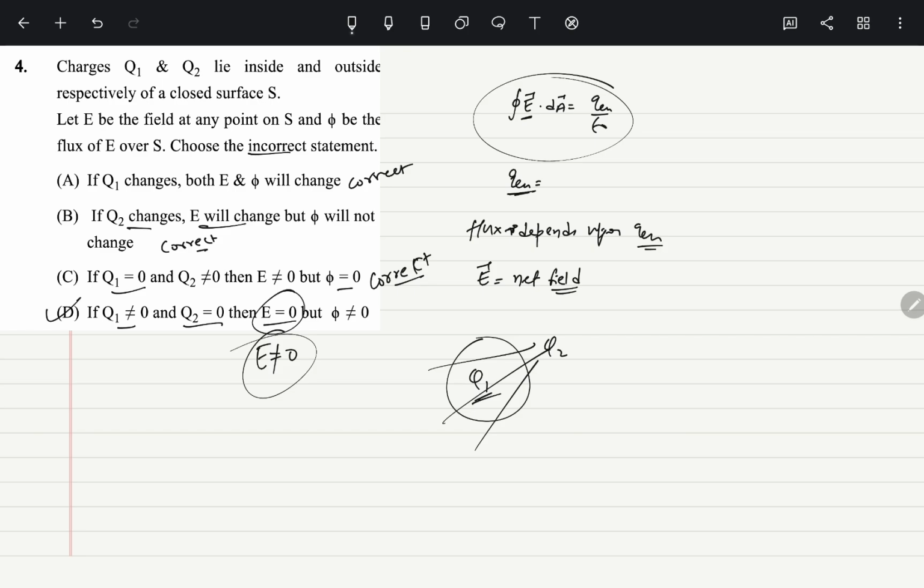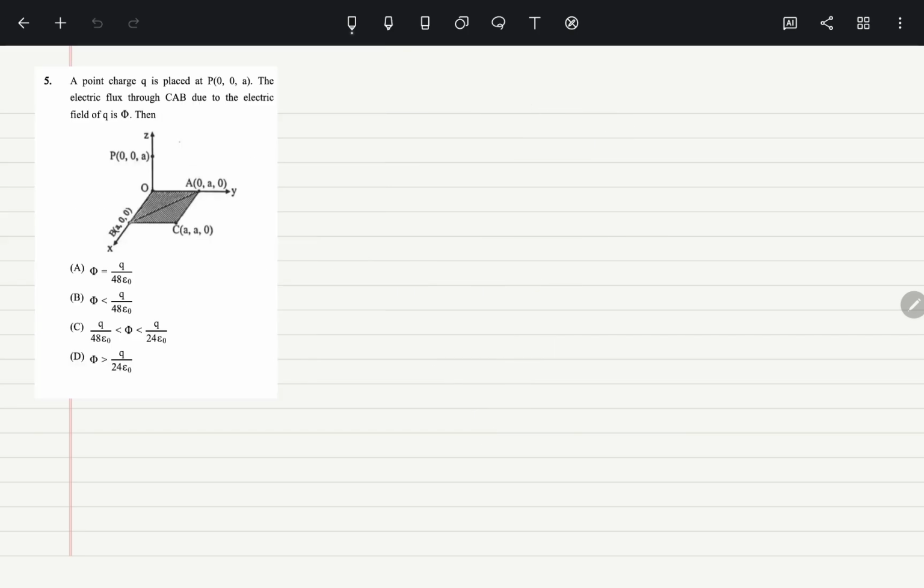Okay, let's move to the next question. Question number 5. Point charge Q is placed at P (0, 0, A). This is the Q charge placed here. The electric flux through the face OACB, due to the electric field of Q, is phi.